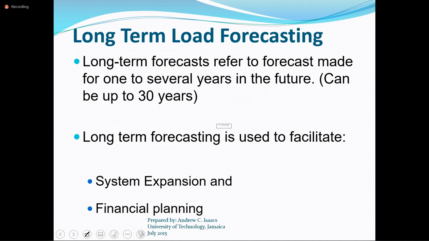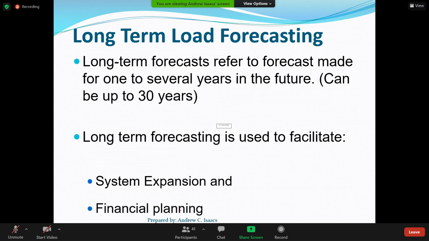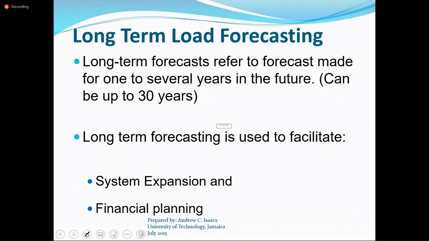That has been the case here in Jamaica for years. That, however, changed back in 2015 with the new Electricity Act, where instead of the utility company, which in our setting would be the JPSCo, doing the long-term forecasting of our energy needs, that has now transitioned to being the responsibility of the government through the Ministry of Energy.